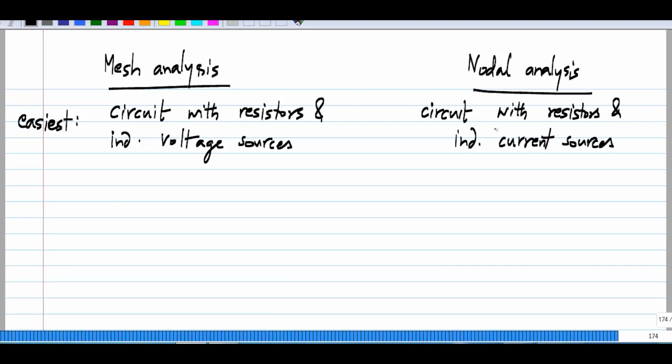Okay, and in these cases the structure also is similar.